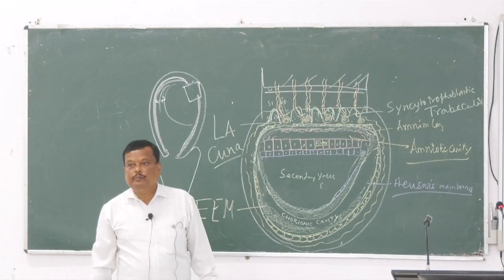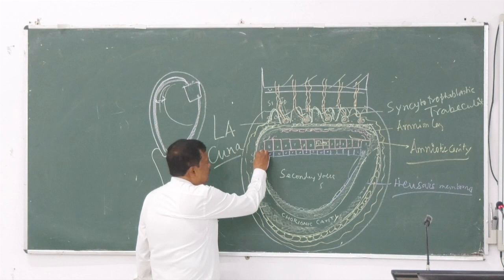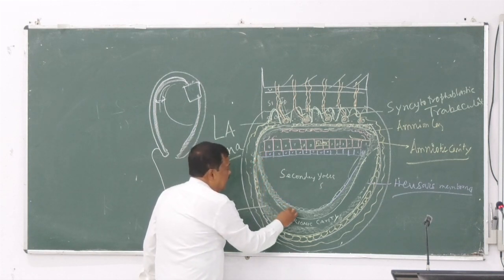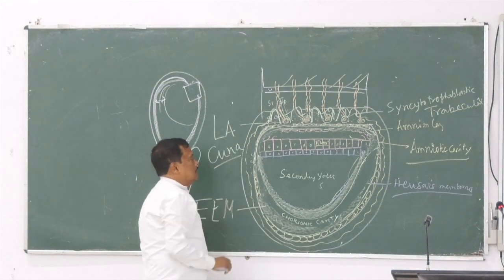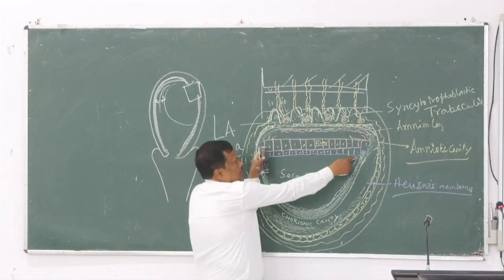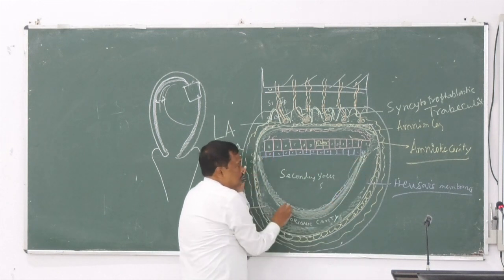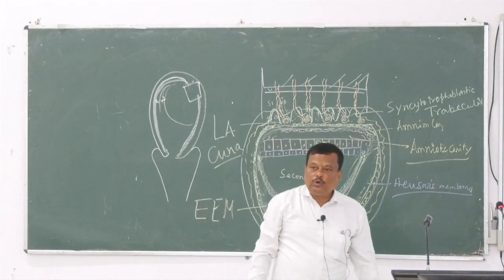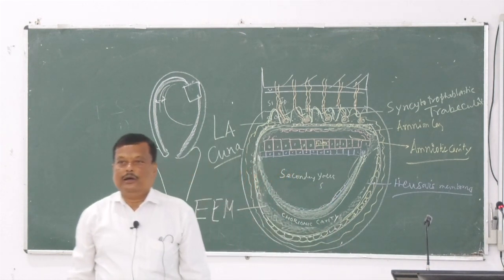Next I will say two terms. First term: the extra-embryonic mesoderm lining the secondary yolk sac, only this part, from here to here, we call the splanchnopleuric layer of the extra-embryonic mesoderm.